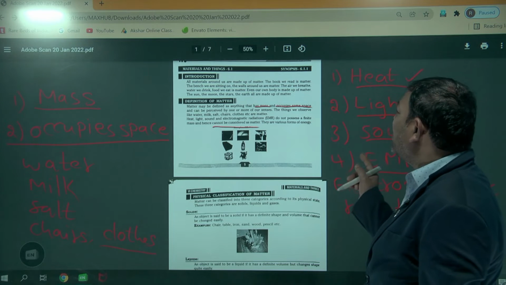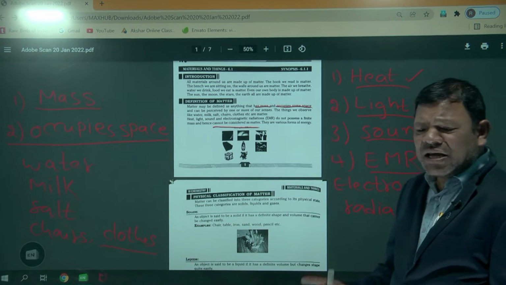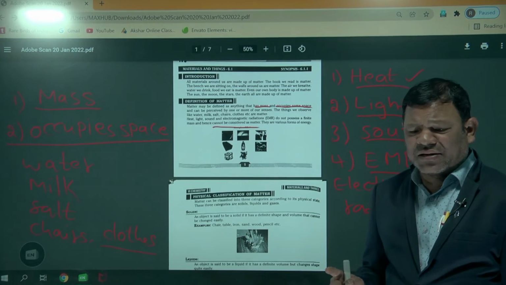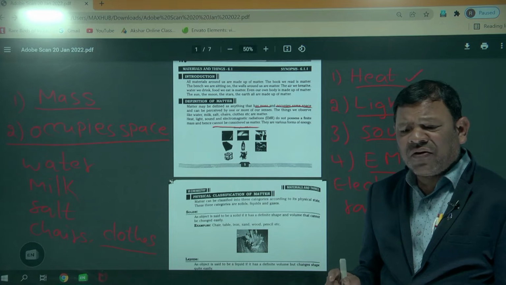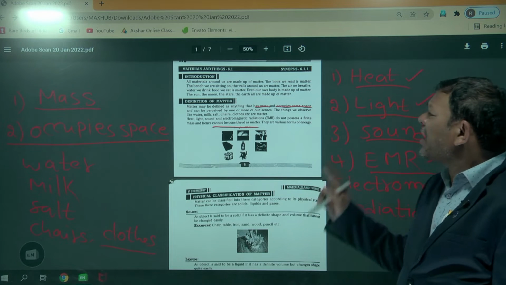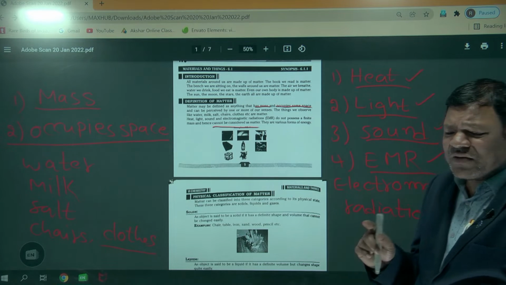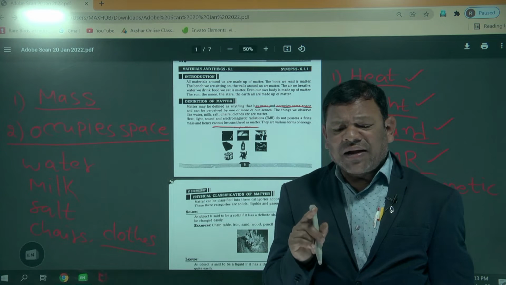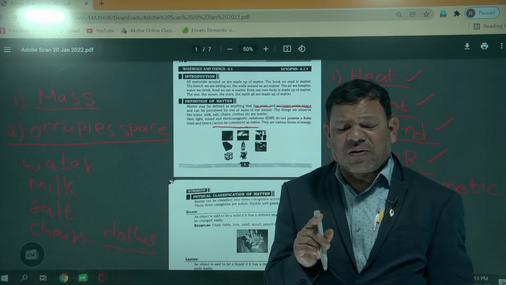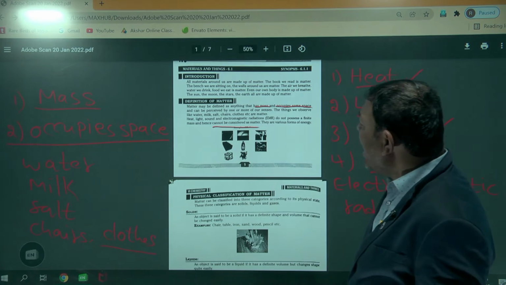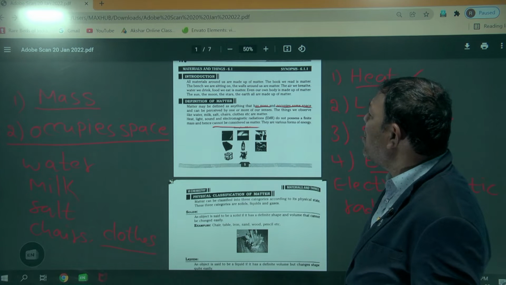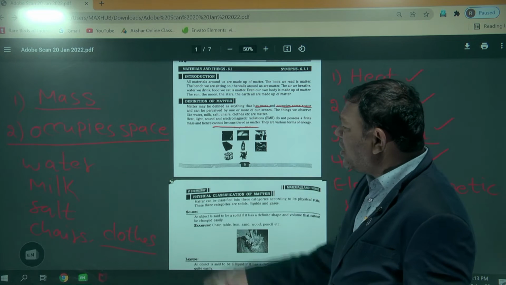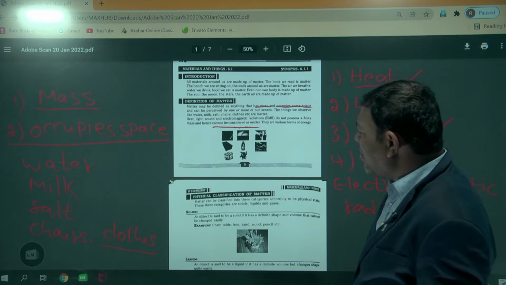So everything in our surroundings is made up of matter. Matter has a sufficient amount of mass and occupies space. Examples are water, milk, salt, chairs, cloths.